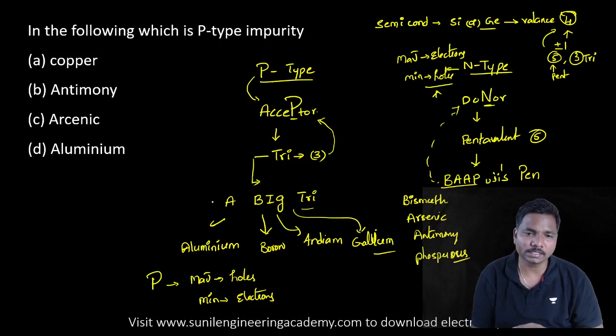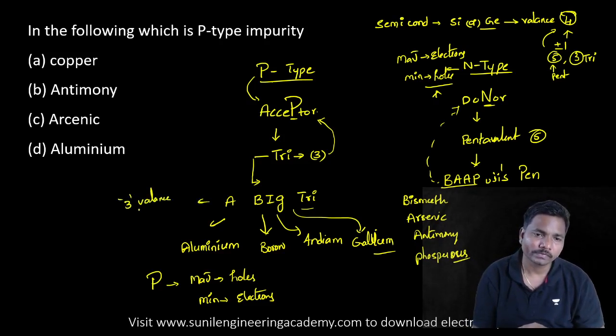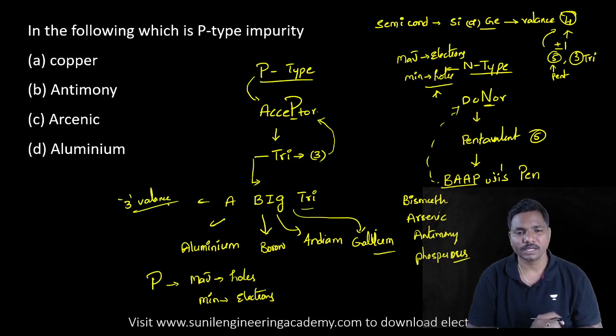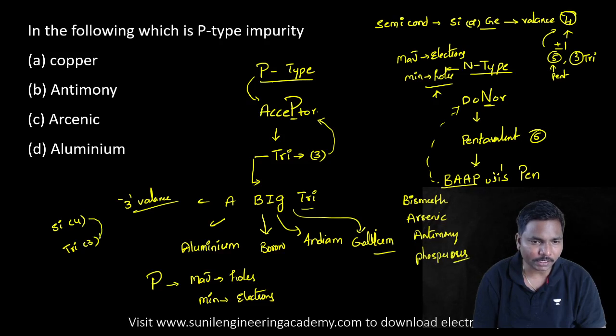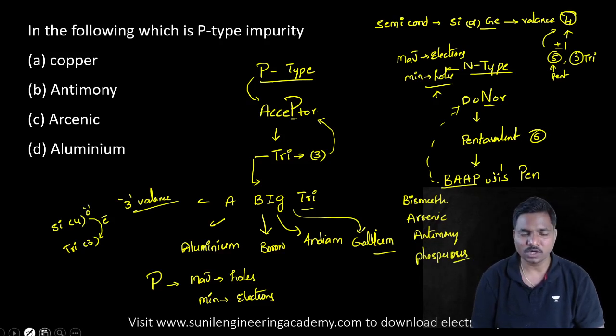All these have three valence electrons. Silicon has 4, the trivalent has 3, so they accept one electron. Whenever one electron moves from silicon to the trivalent, one hole is created.